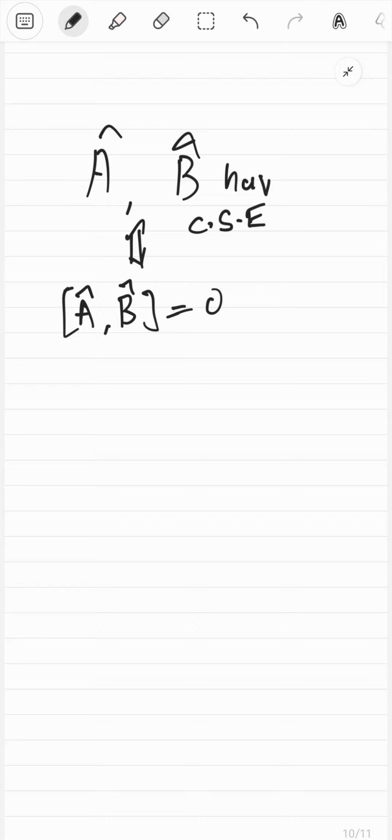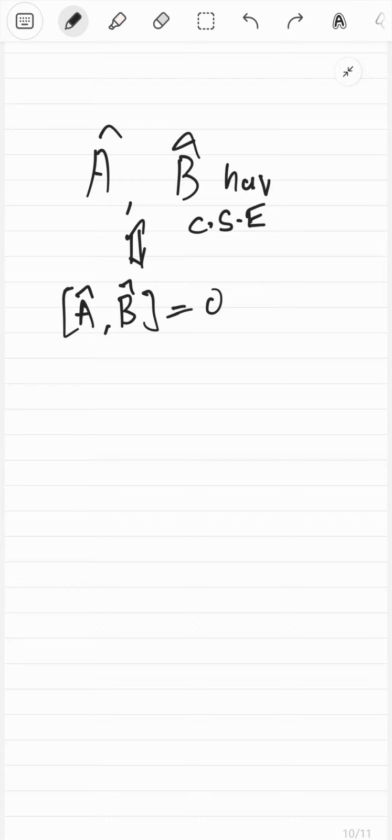Right, so why is this so important? What this means is actually profound. If you have a complete set of eigenvectors, then any psi can be written in those eigenvectors.